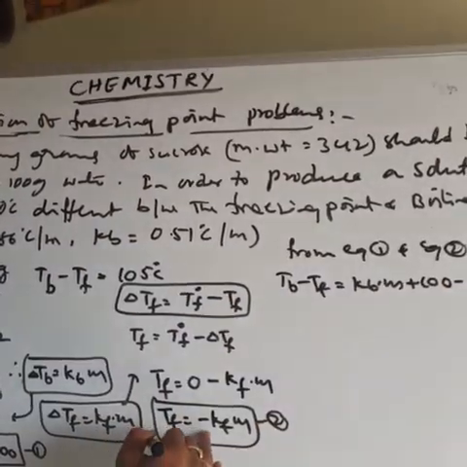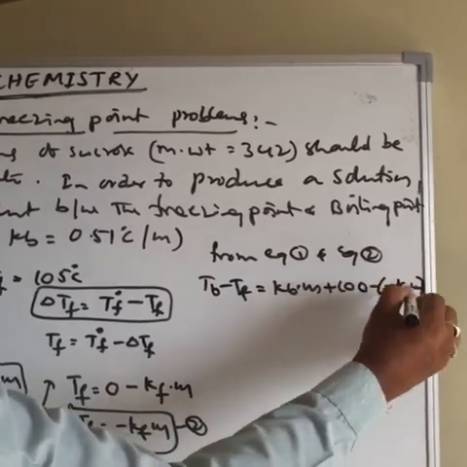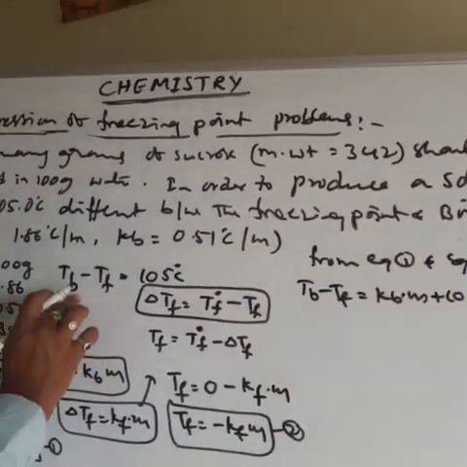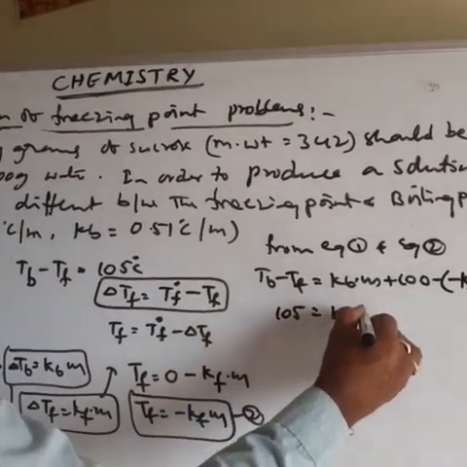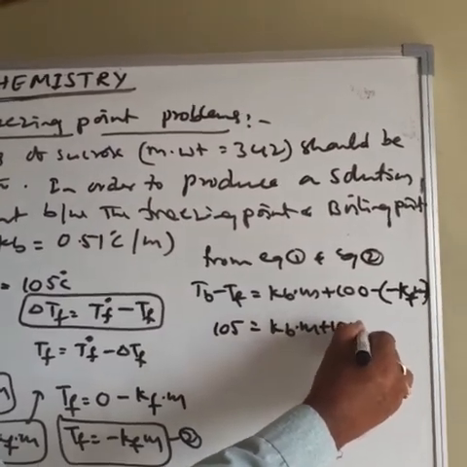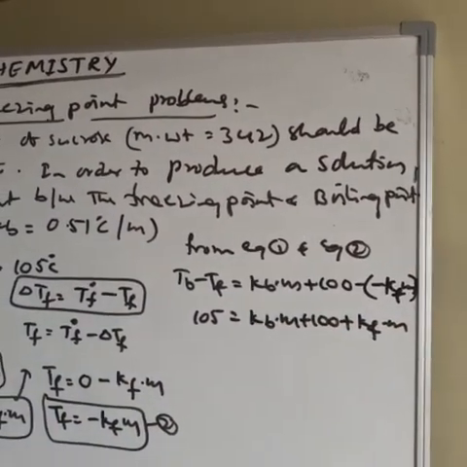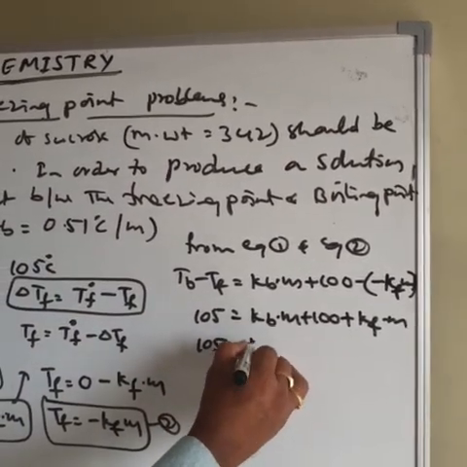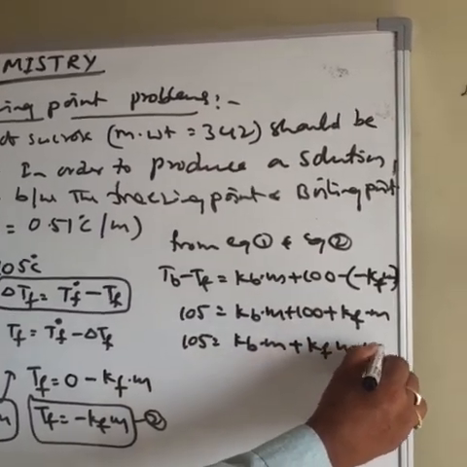What is TF value? Minus KF into M. Minus into minus is plus. This value, difference between TB and TF value, is 105. 105 is equal to KB into M plus 100 plus KF into M. Then 105 is equal to KB M plus KF M plus 100.